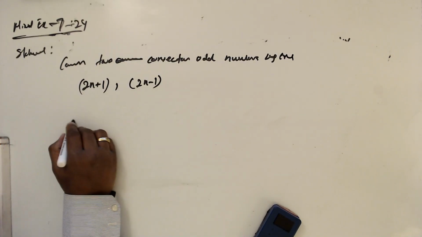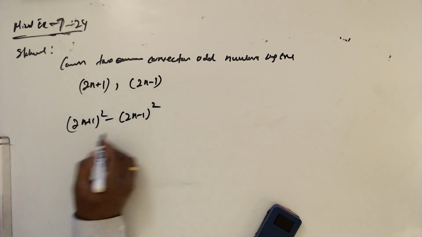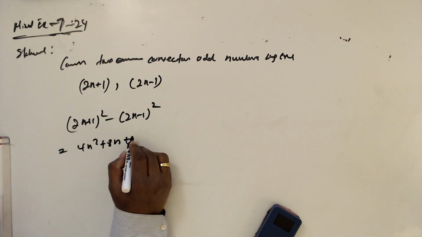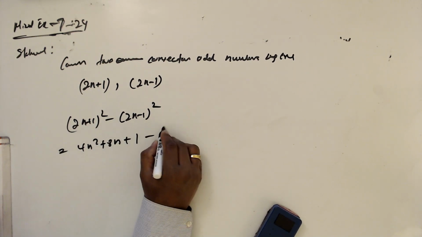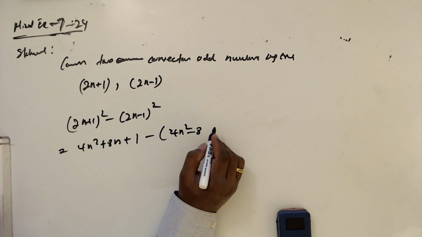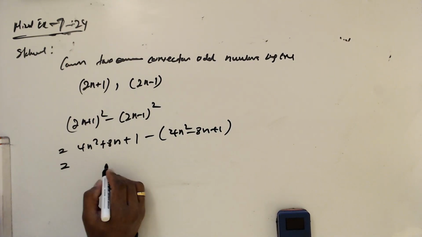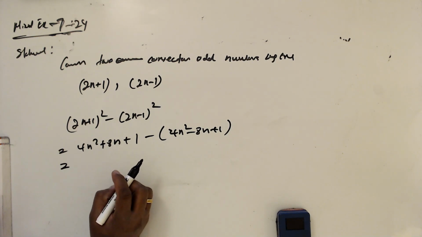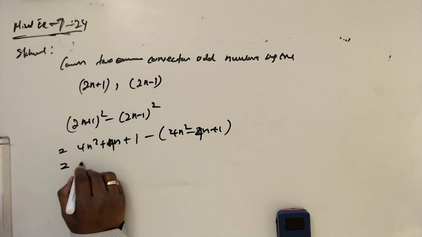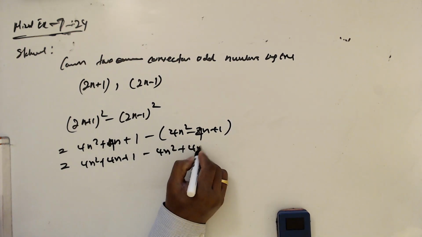But then (2n plus 1) squared minus (2n minus 1) squared. 4n squared plus 4n plus 1 minus 4n squared minus 4n plus 1.